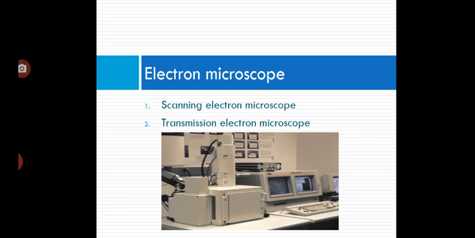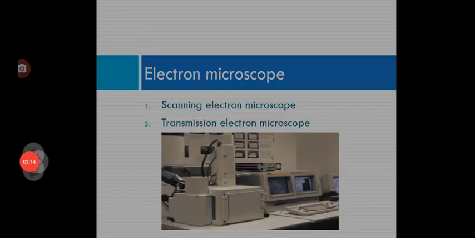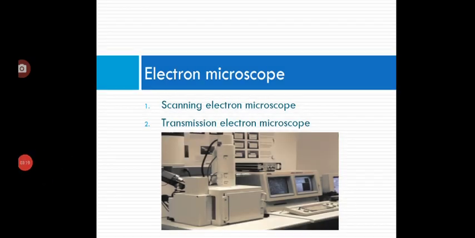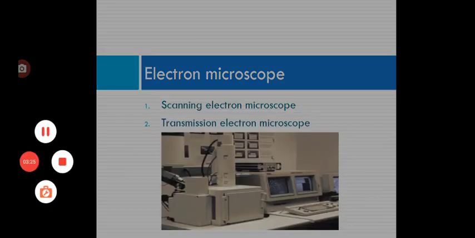Specimens are observed in high vacuum in a conventional scanning electron microscope, or in low vacuum or wet condition in variable pressure and environmental scanning electron microscopes, and at a wide range of cryogenic or elevated temperatures with specialized instruments. So that is the introduction of the electron microscope, where the electron microscope has two types, such as the scanning electron microscope and the transmission electron microscope.